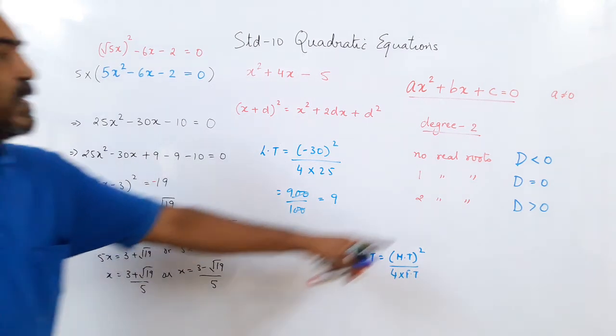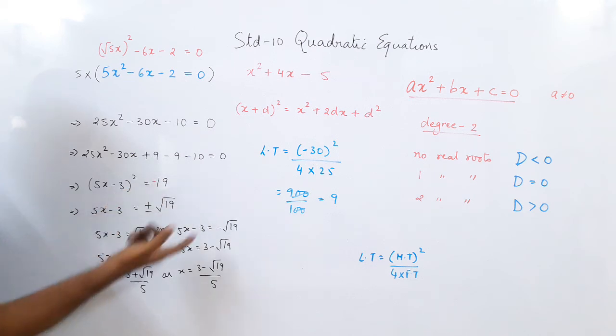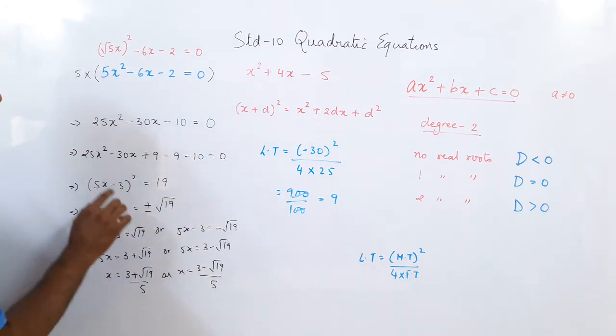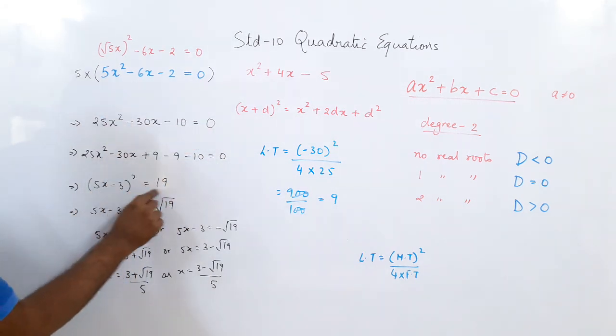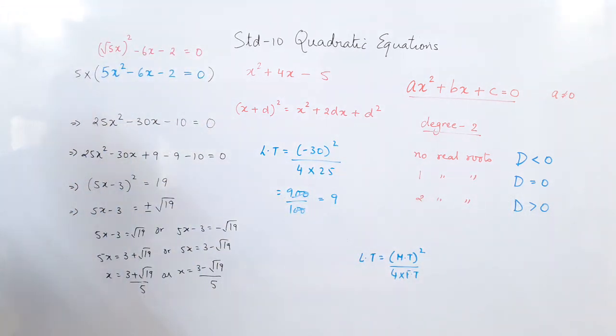So if this D is negative, if D is less than 0, you will get a root of minus 19, and there are no real numbers which is the root of a negative number, so then there will be no real roots. So if you do this arrangement and get a negative number here, then you will write there are no real roots. Okay, remember, whenever you do this, you will write there are no real roots.